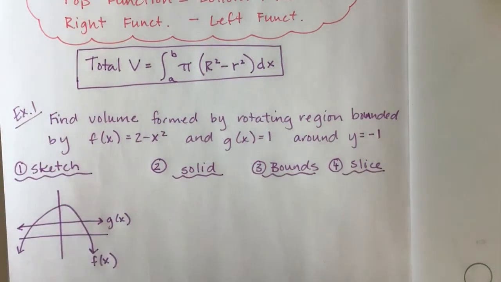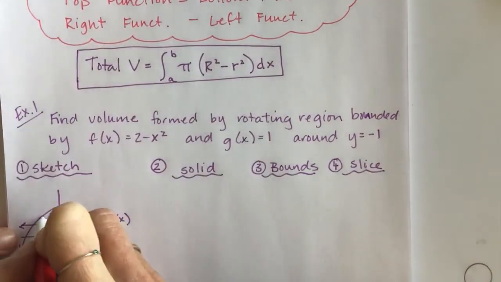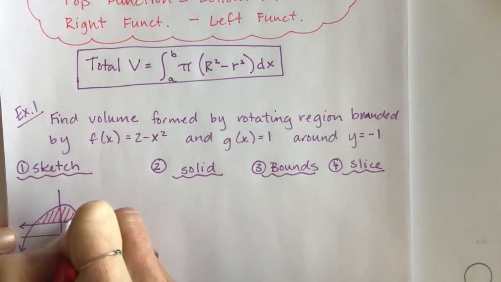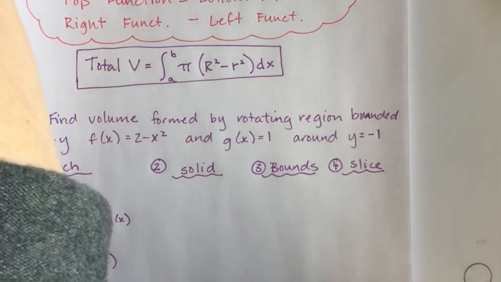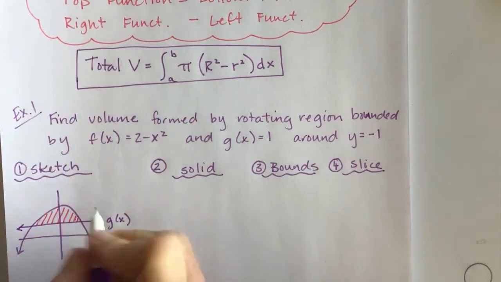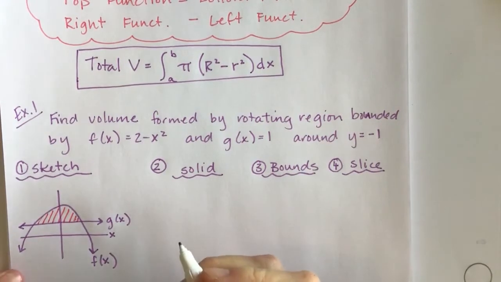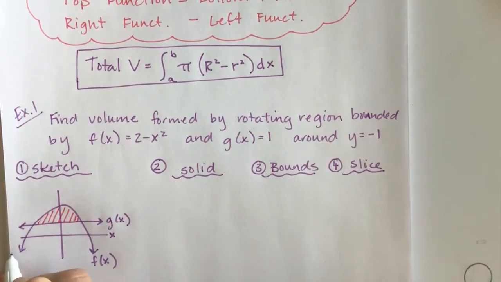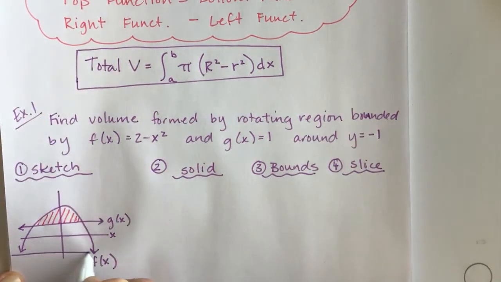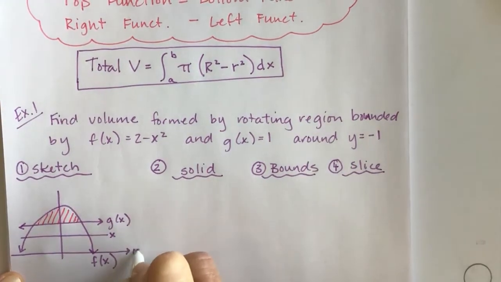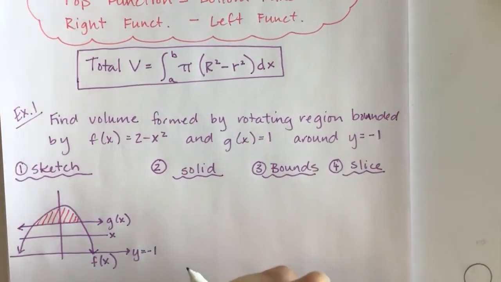So we're going to take this area and revolve it, not about the x-axis like we have done in the past. We're going to revolve it about this line, y equals -1.